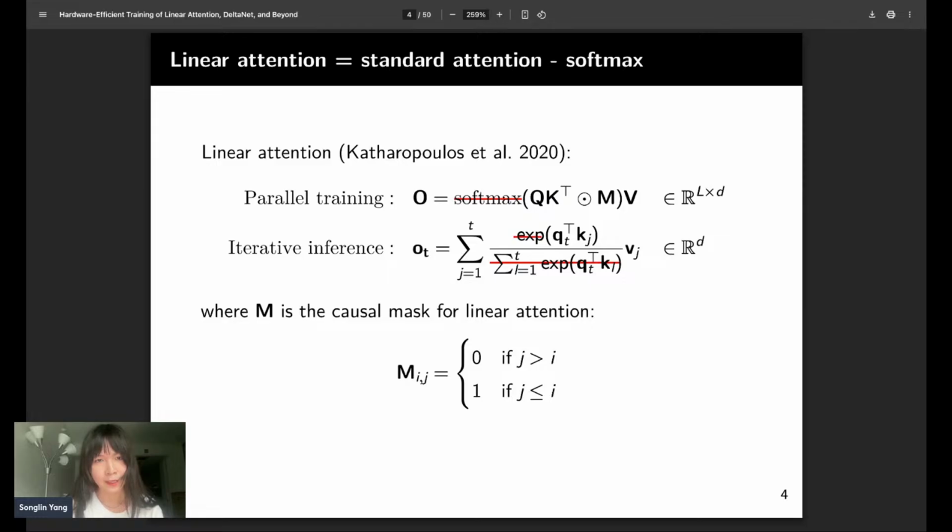It is the so-called linear attention. The key idea behind linear attention is really simple: we have the softmax attention, and what linear attention does is remove the softmax operator. And so we can have this iterative form.